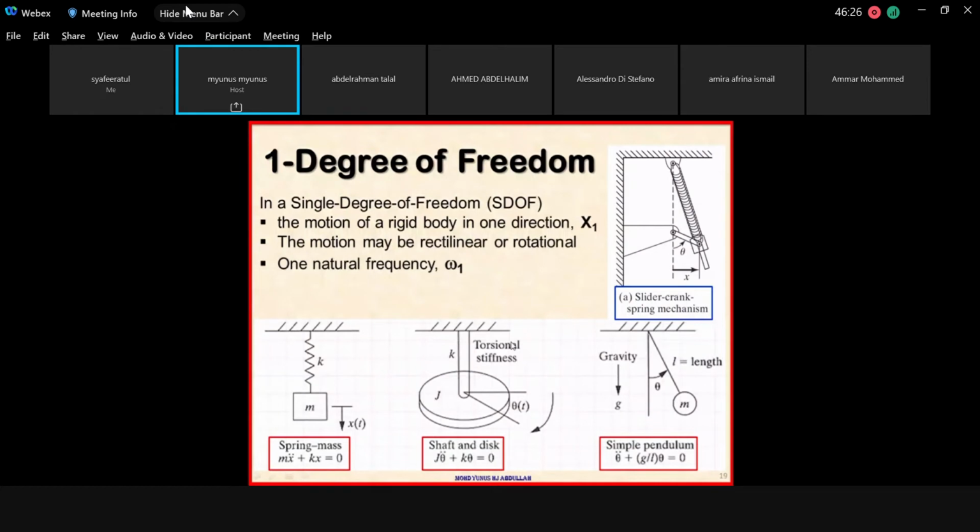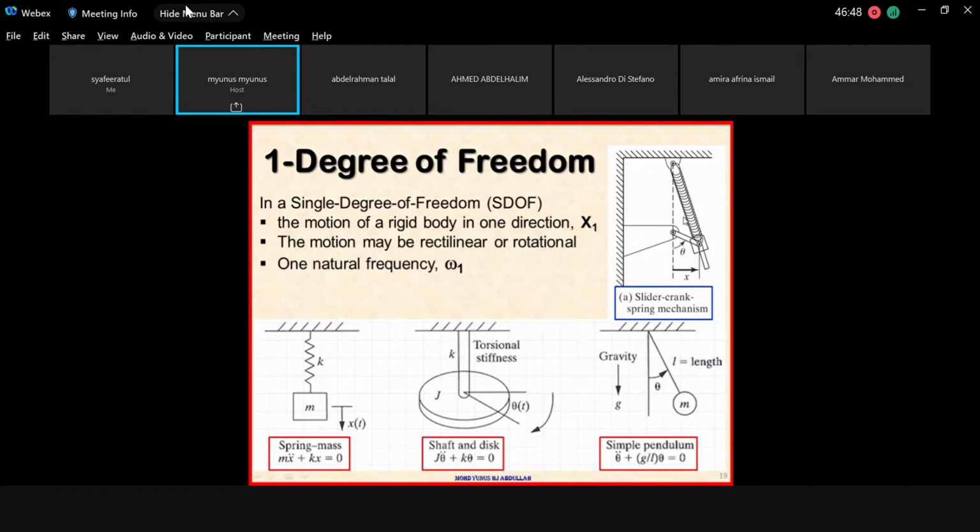This one is 1 degree of freedom. This is our concern. Our topic will be covered by spring and mass. This one is torsional. We are going to talk a bit about the shaft and disc. And this one is a simple pendulum. And this one is the combination of the mass spring and also pendulum, which is not in our topics.